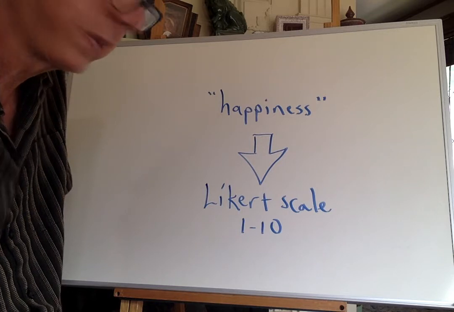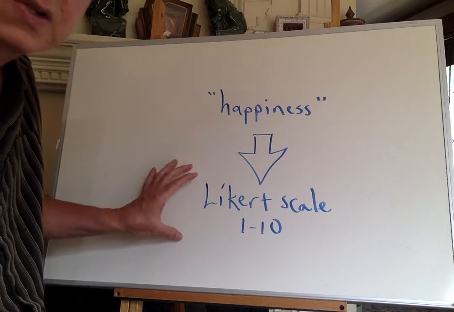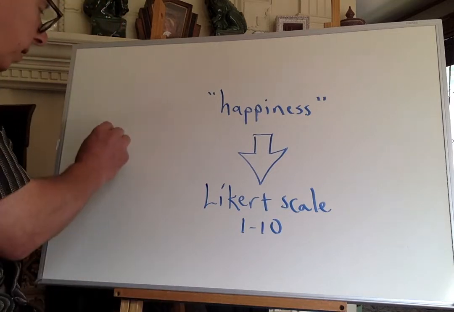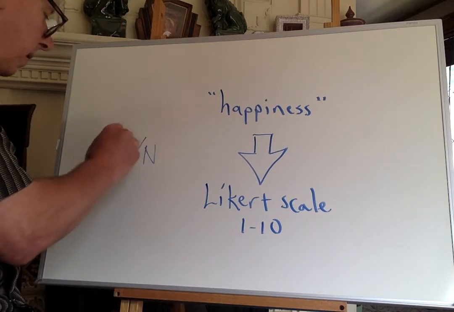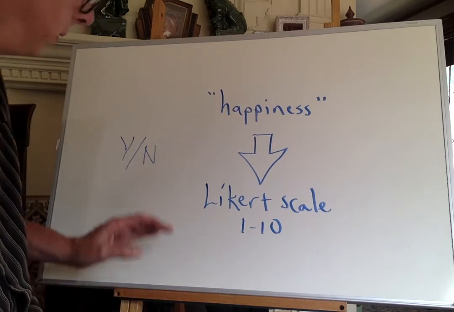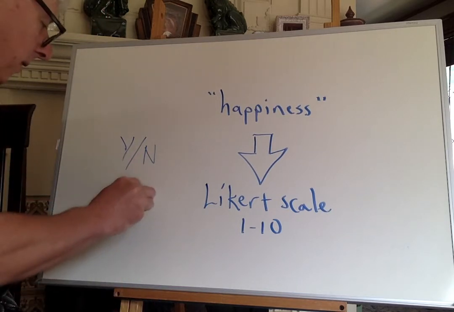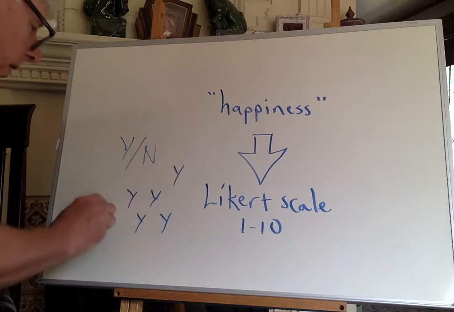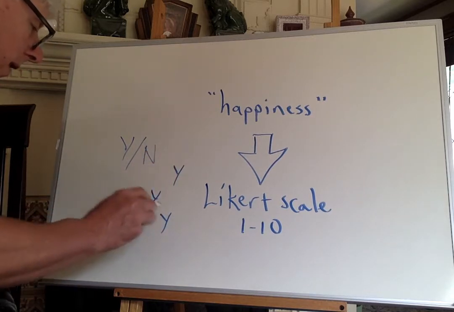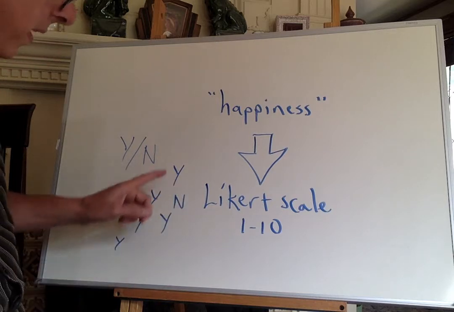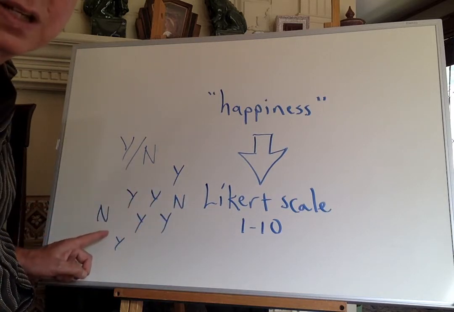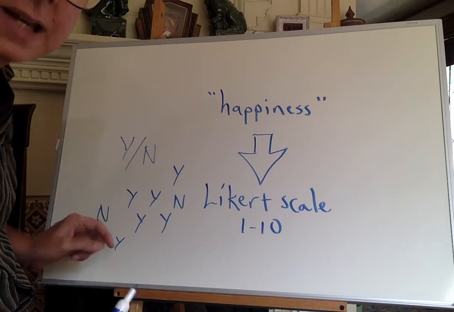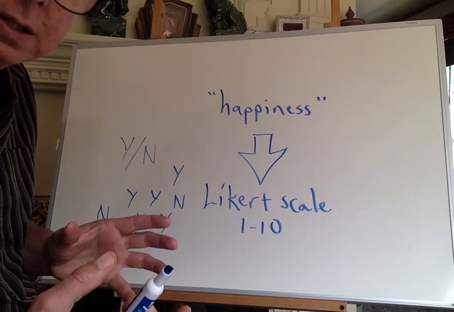Now, what does this do for us if we compare it to the yes-no response? Well, before, if we had a bunch of yeses, maybe a no thrown in here once in a while, I can't tell the difference between these yeses. That is, yes, I'm generally happy.